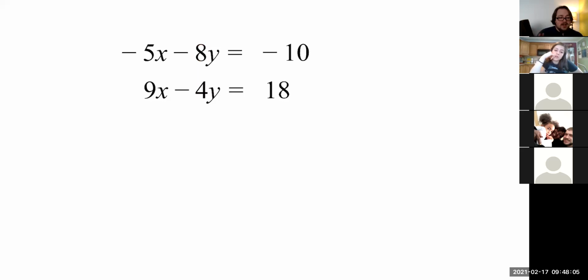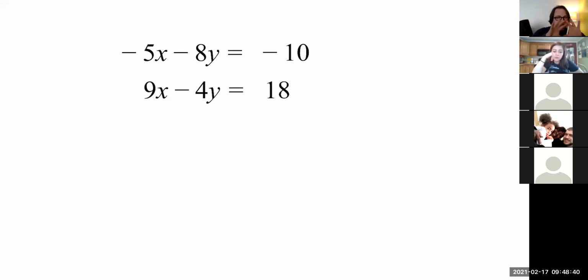So what Tierra has done, and Miranda's following along in the chat here as well, so we're honing in on it, is there's actually 2 changes that need to happen. First off, we know that a 4 can change into an 8 by multiplying it by 2. However, they are both negative, so we know that the sign of one of them also has to change. Well, multiplying by a -2 not only will change the 4 to an 8, but the negative to a positive.